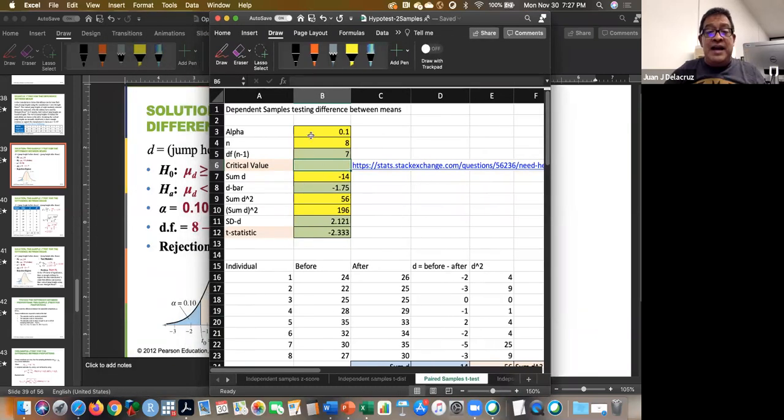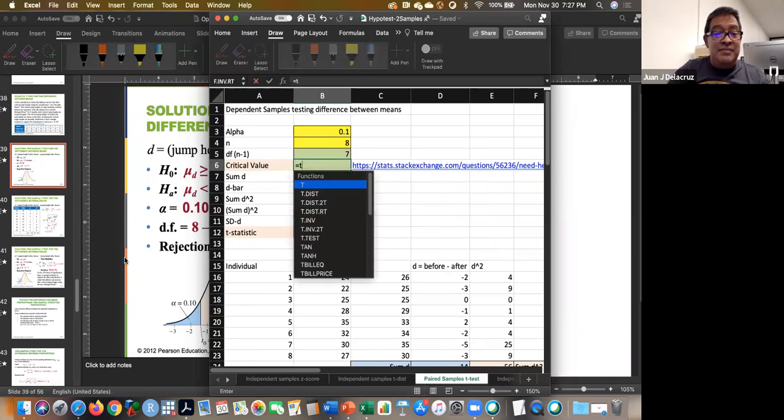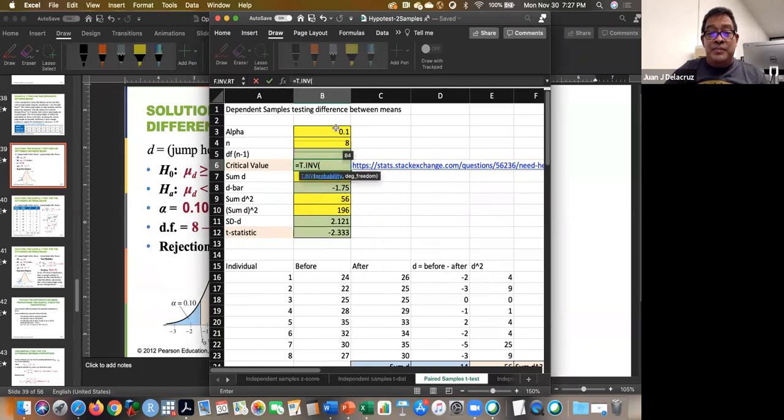The critical value is going to consider the alpha and the degrees of freedom. In this case, I'm going to use the t because we are using a t-test for one sample, for a one-tail test, 10% and 7 degrees of freedom.